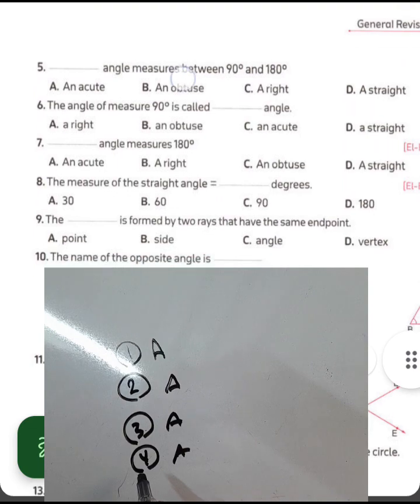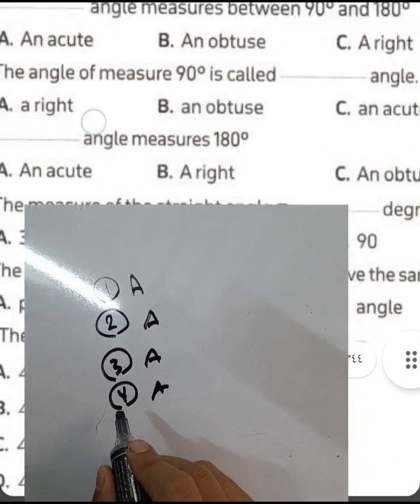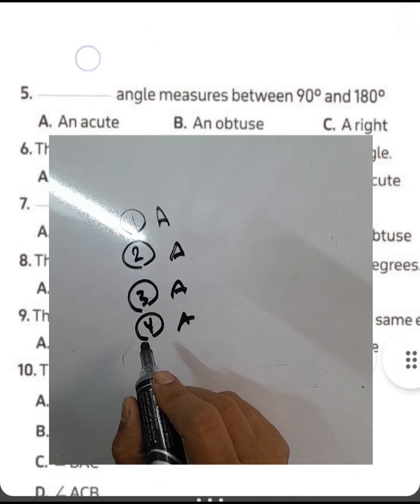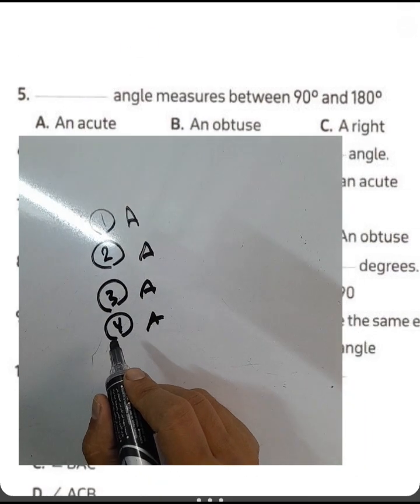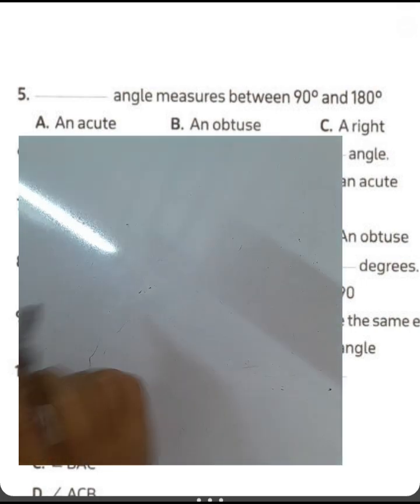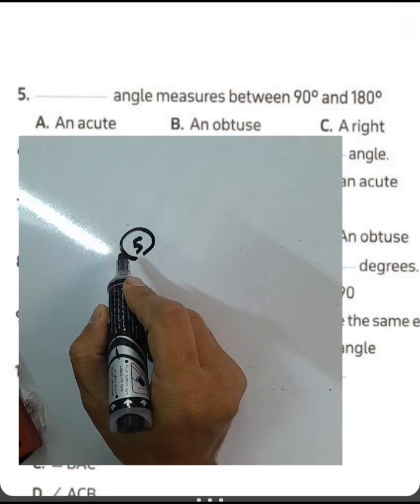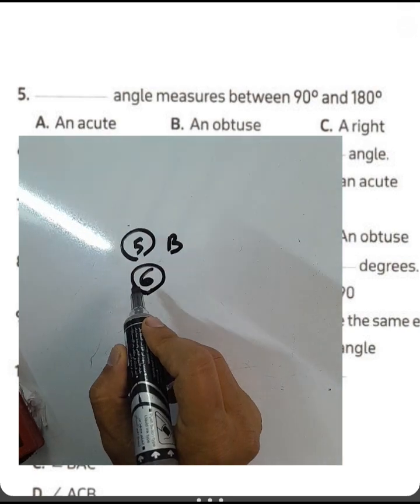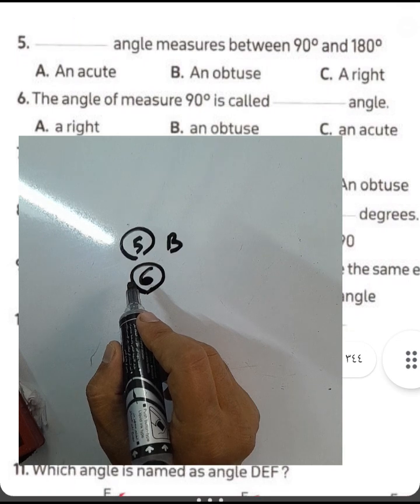Question number 5. An angle here measures between 90 and 180. It will be obtuse. Choose letter B. Question 6. The angle of measure 90 degrees, we call it right.